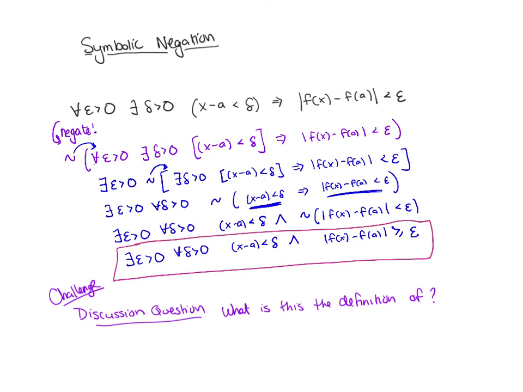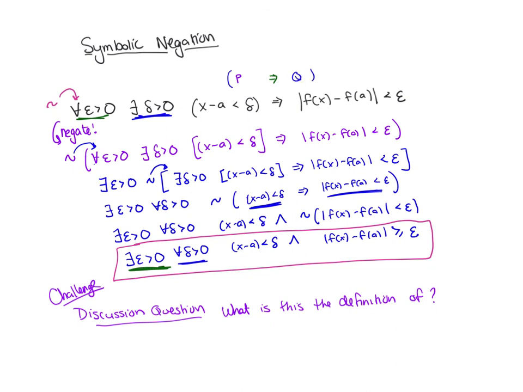Again, if I tried to just do it all from the beginning, I distribute that negation to the for all. That becomes a there exists. I go to the there exists. That becomes a for all. And then if I think of this as P implies Q, maybe I'll do it all in the same color here.